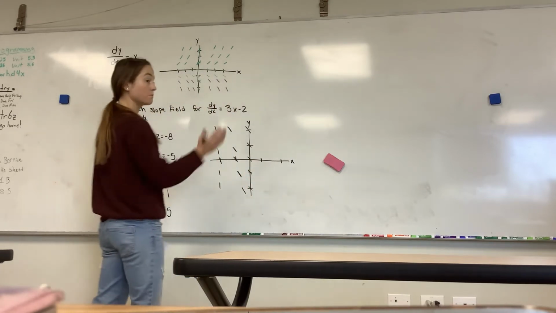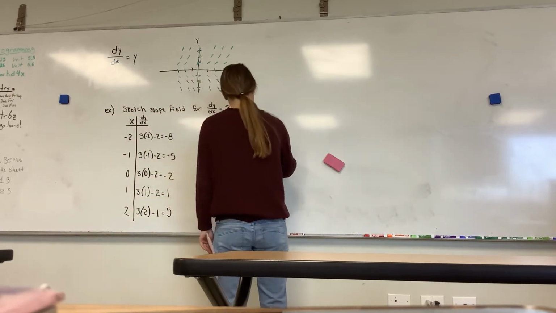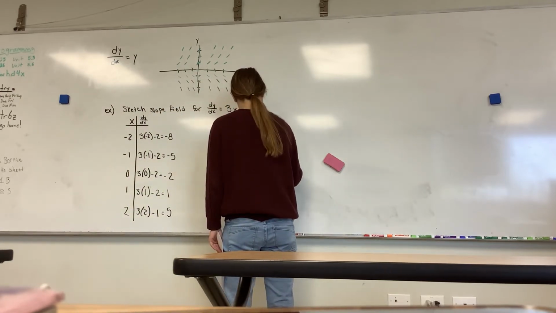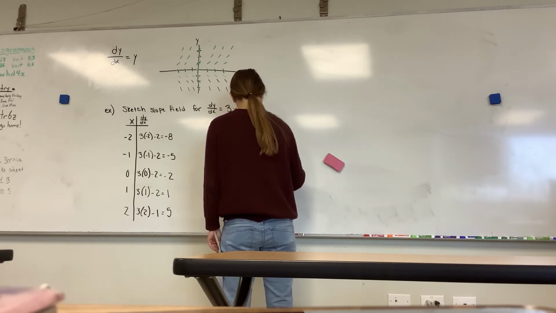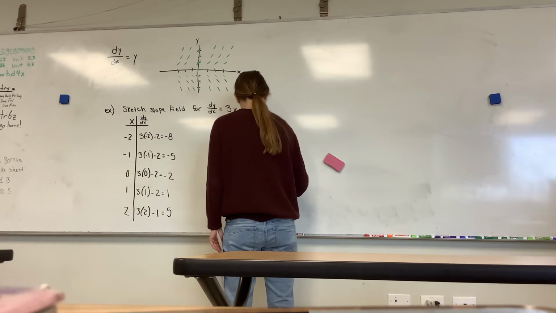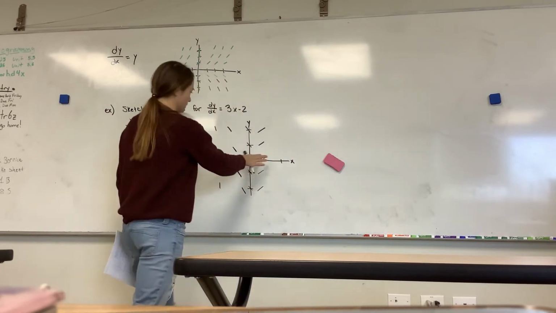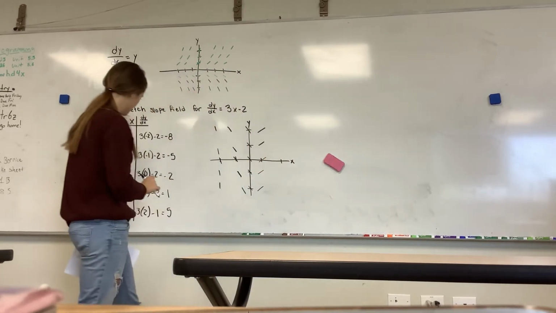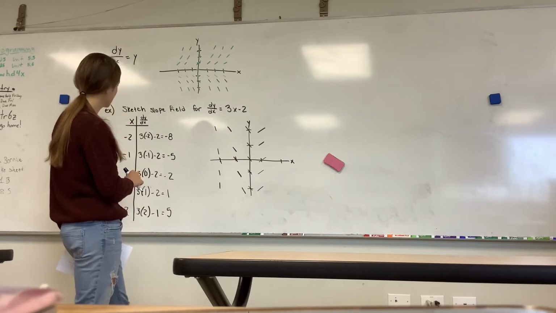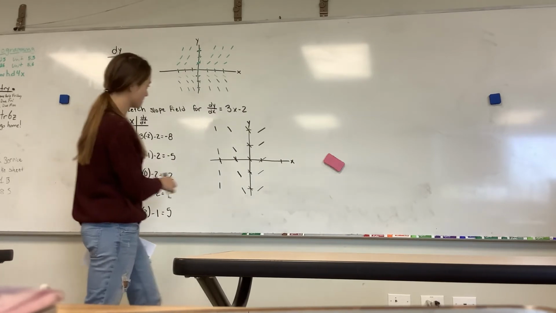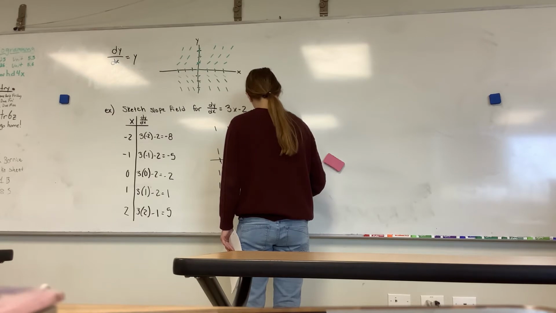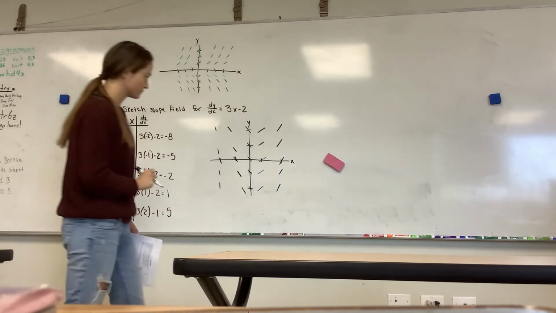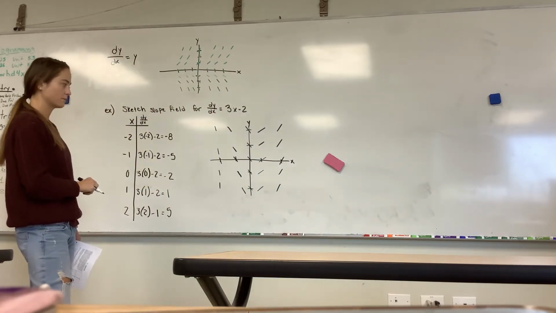At 1, I have a slope of +1, so I can flip this way. And at 2, I have a slope of +5. So there is my slope field.